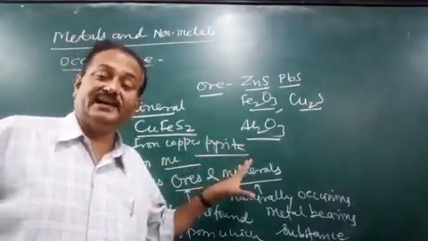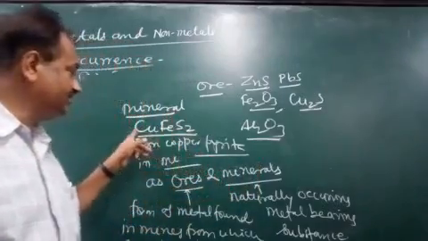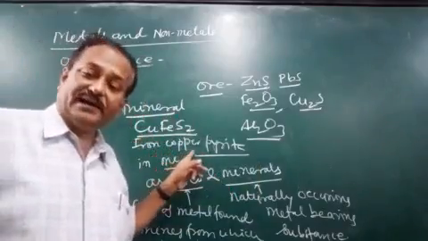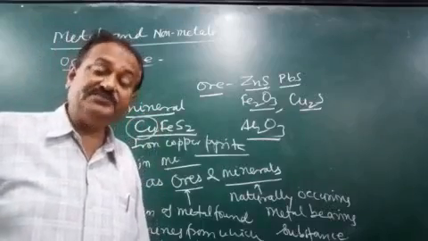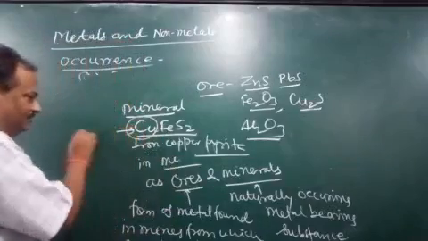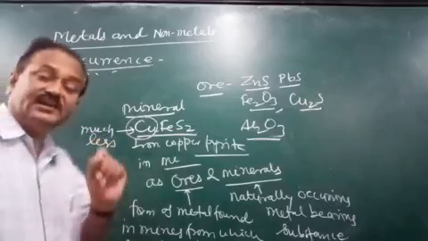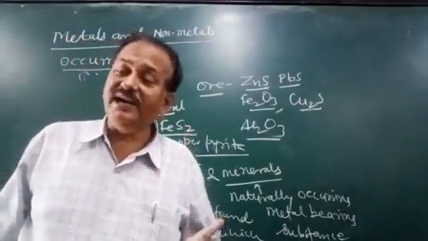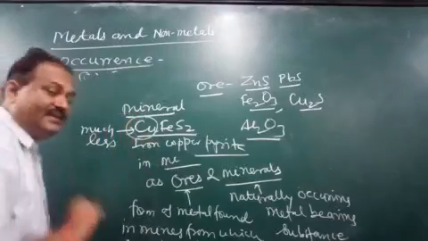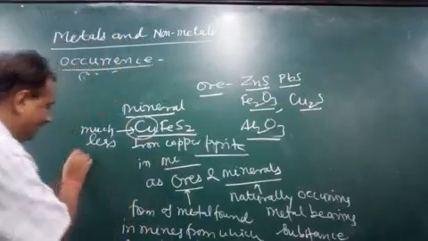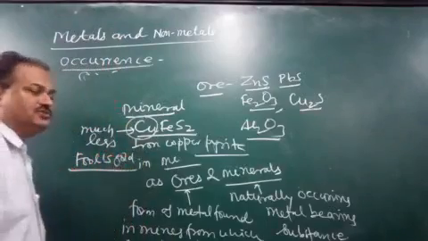Any metal ore as a sulfide is called pyrite. So this is iron copper pyrite. It has much less amount of copper, so it is uneconomical. It is unwise to extract copper from it, and since it has an appearance like gold, it is called fool's gold.